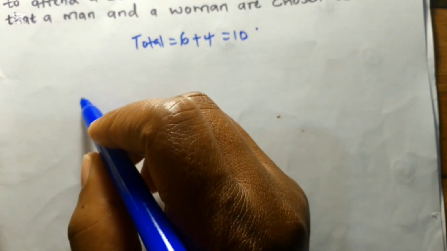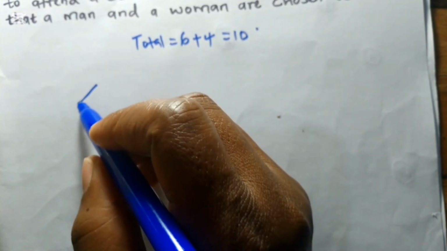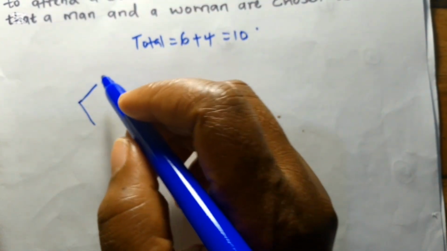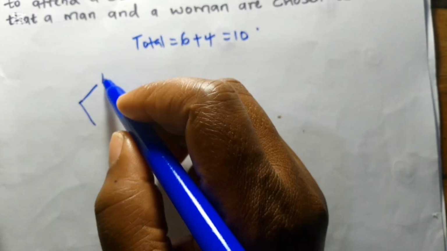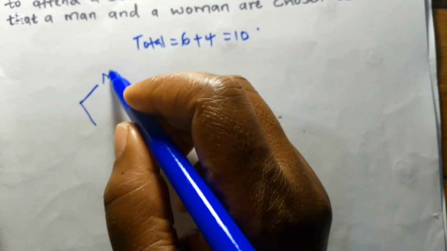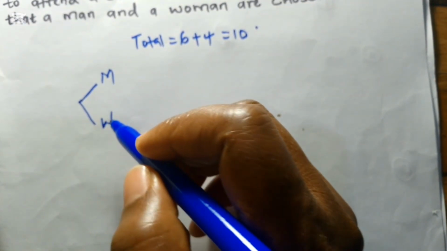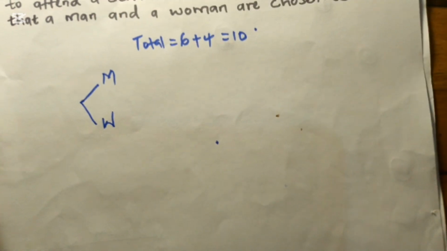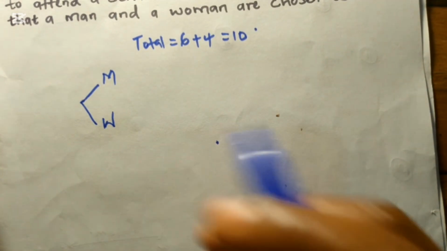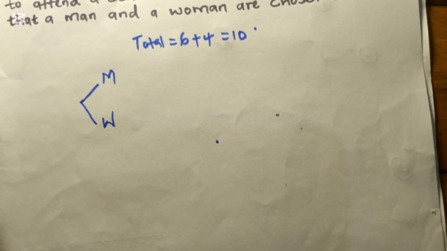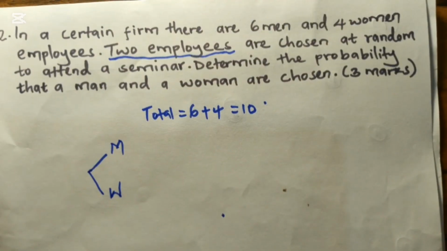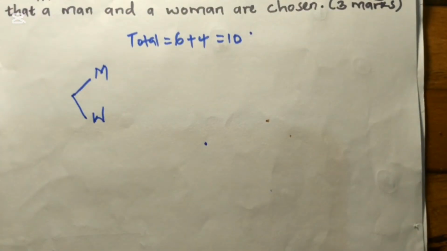So we'll have probability of picking a man, probability of picking a woman, probability of picking a man. 6 are men, 4 are women.